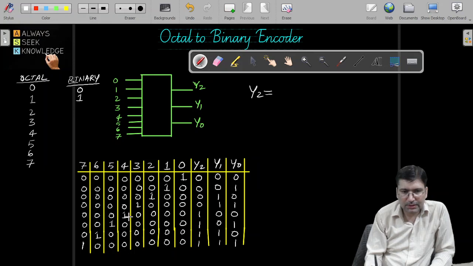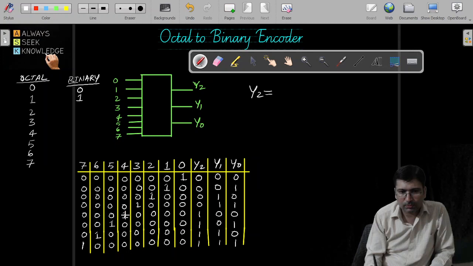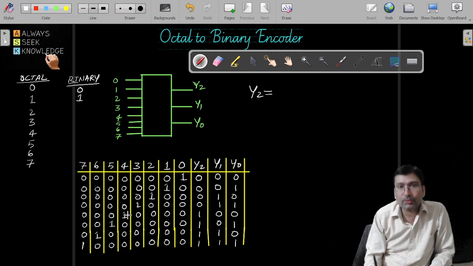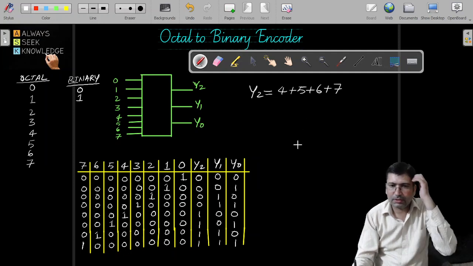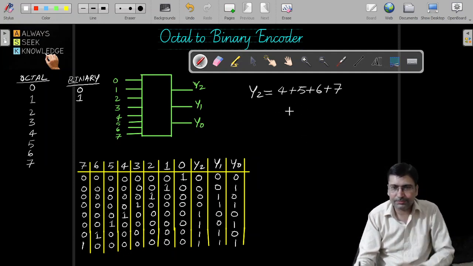Once you consider this, it is 4, and the rest of the places are low. So this 4th place is high, so you can say either 4 or 5 or 6 or 7. When these places are high, y2 will be high. So y2 equals 4 or 5 or 6 or 7. This will give us high, right?